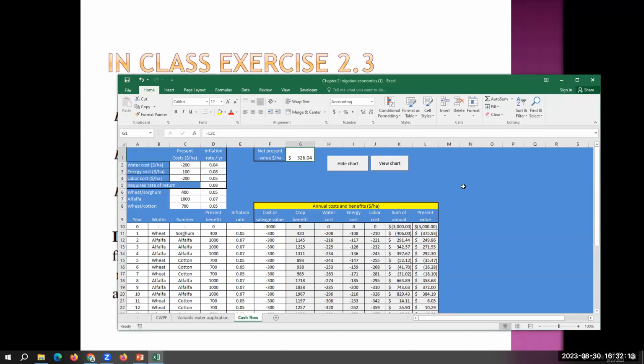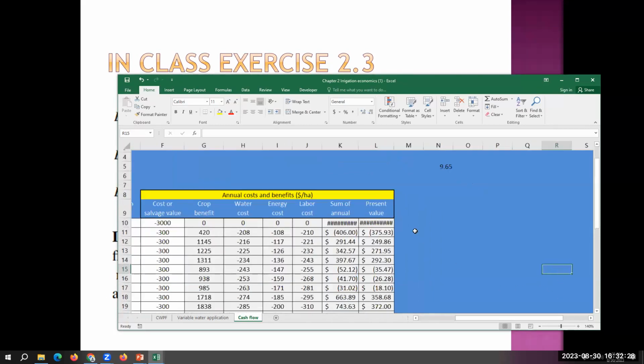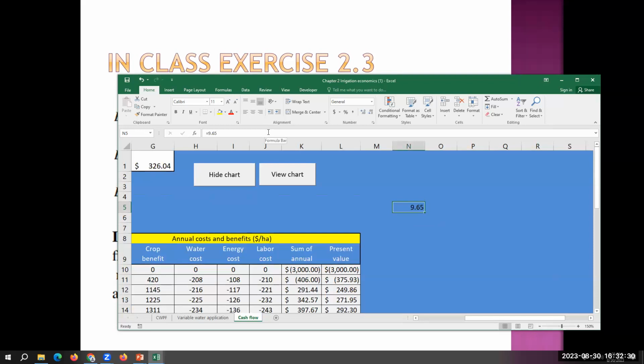Okay, so let's just do the calculation here. We have 9.65 times 10 over 13, divided by 0.8, because I can't remember what that efficiency was.